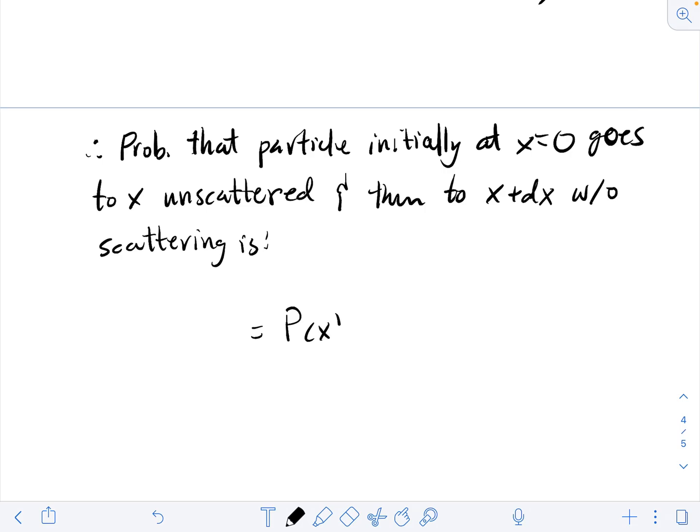And so it's p of x times 1 minus sigma c n dx. And we're going to call that p of x plus dx.